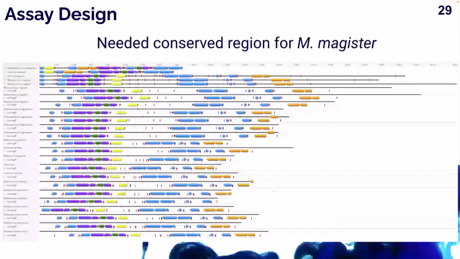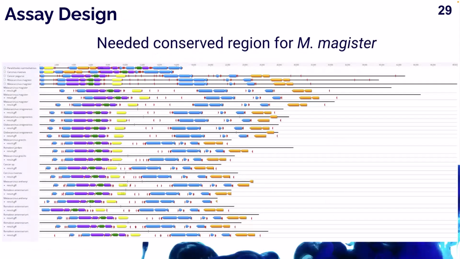So while CO1 is the most commonly sequenced, looking here at all these gene sequences, at the top, those are two outgroup crabs, and all the rest from those two are all cancrid crabs, and we can see that their gene orders are fairly similar across the entire cancrid family. So just having that CO1 data, if we cannot find a unique region within it that is conserved to Dungeness crab, we'd have to look elsewhere.